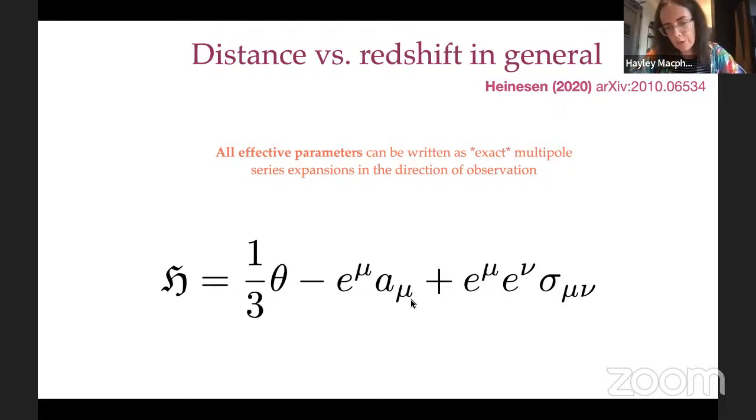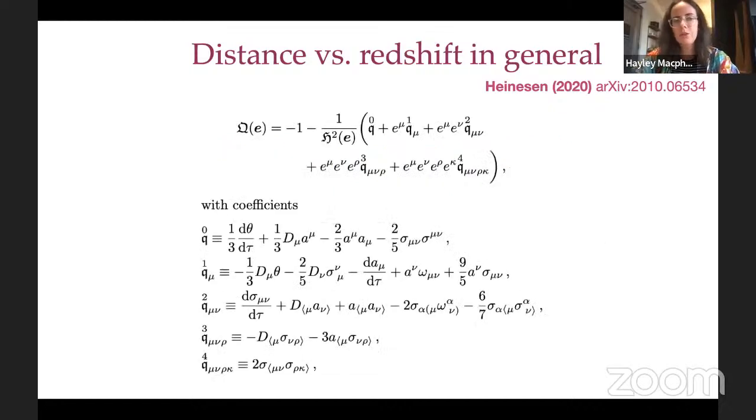And we have a dipole term, which is given by this A mu, which is the acceleration of the observer. And so if your observer is close to geodesic, this term will be close to 0. If they are on a geodesic, it will be 0. And we have a quadrupole term here, which is given by the shear tensor of the fluid. And so I just want to stress, this is really an exact series expansion. It's not arbitrarily truncated. These are really all the contributions of anisotropy to this parameter.